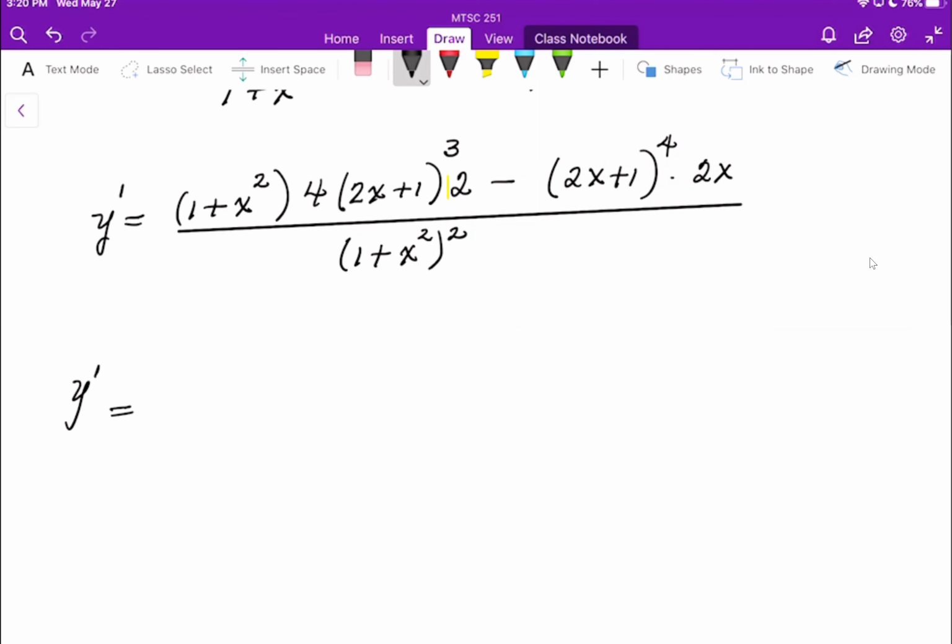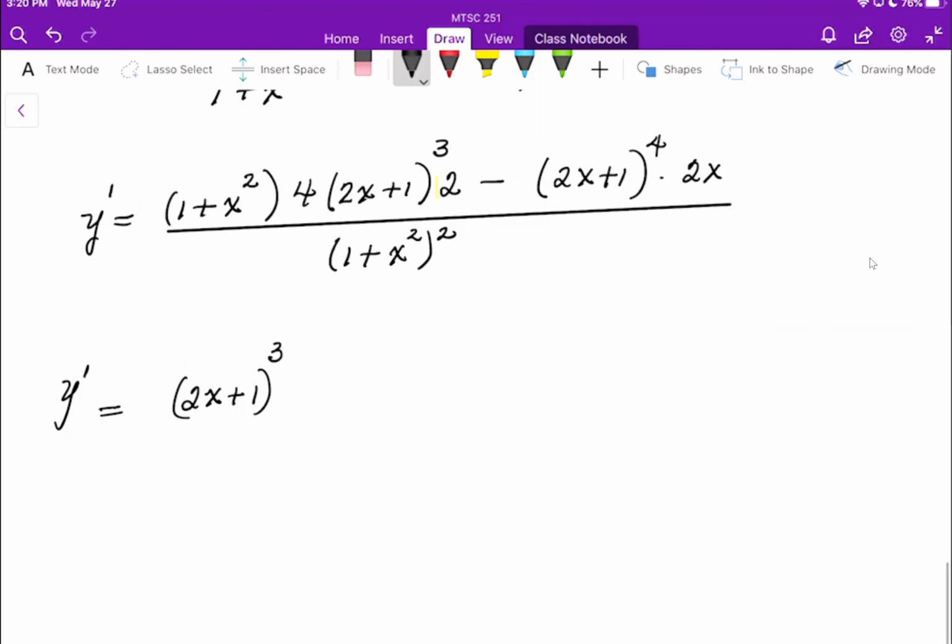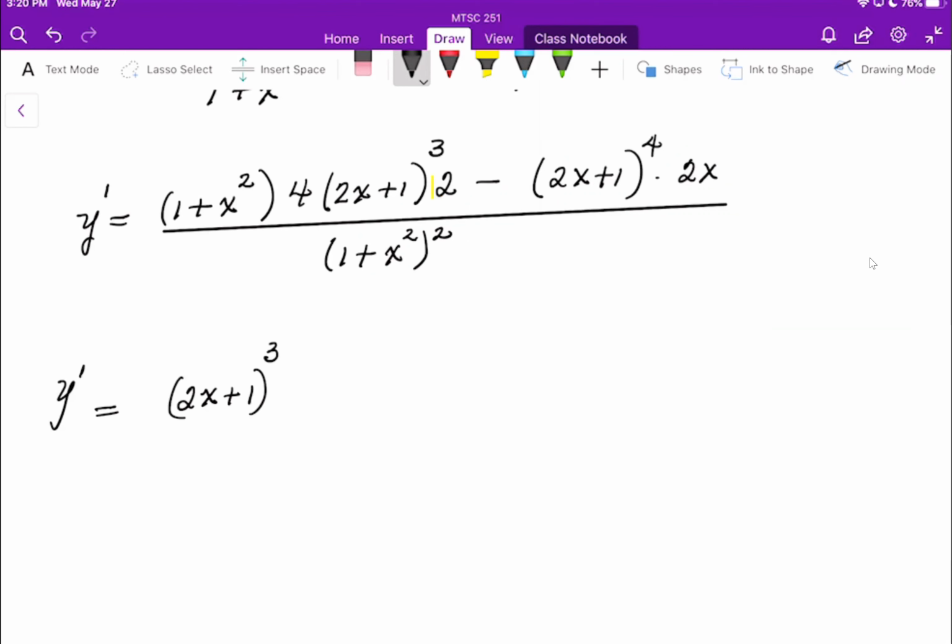So in the numerator, I have for sure a (2x + 1) cubed. So that'll take care of that term. And each term also has a 2, so let me pull that out. And that's going to leave me, well, I took out (2x + 1) cubed, I took out the 2, so that's going to leave me a 4 times (1 + x squared).